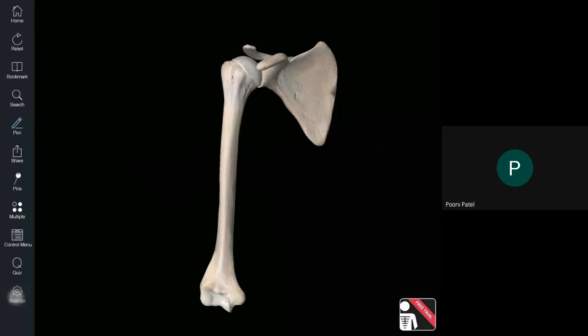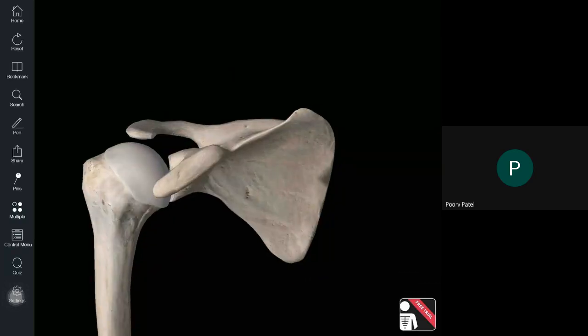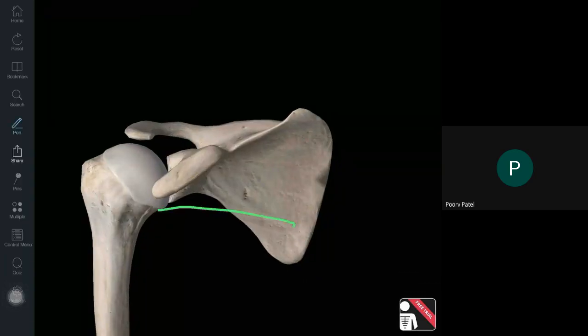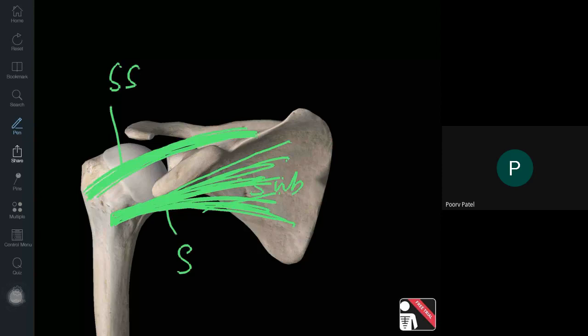Clear? So now, what is rotator interval? I'll show slightly in this direction. Okay. So here the subscapularis muscle is inserted and from there supraspinatus muscle is coming here. Are you clear what I am saying? So in between these two muscles, that is subscapularis and supraspinatus, you can see one gap here. Clear?